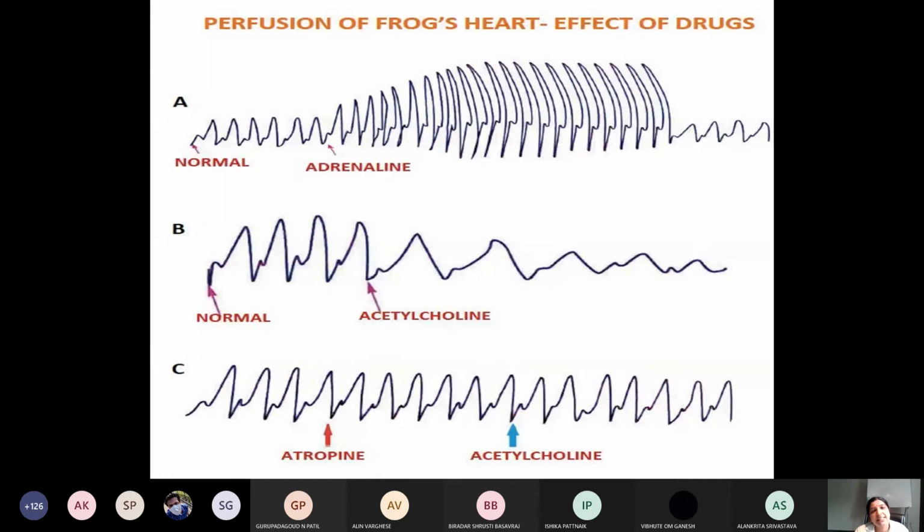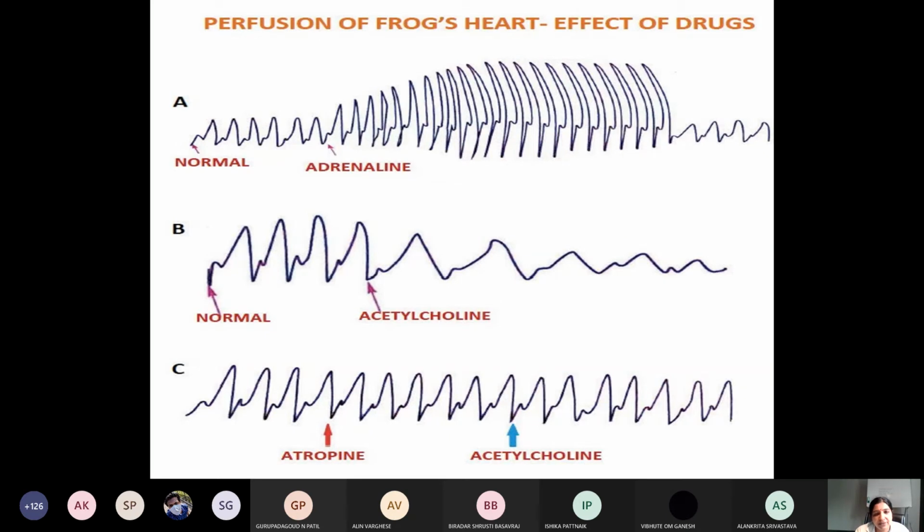Which type of receptors does acetylcholine act on? Nobody remembers? Muscarinic. Yes, muscarinic receptors, and the effect is it decreases both rate and force of contraction.